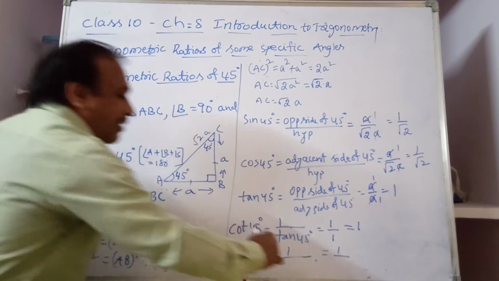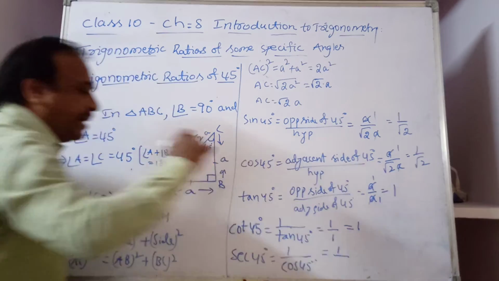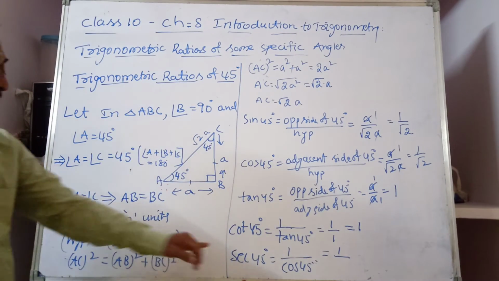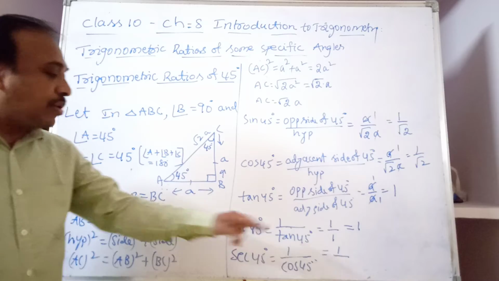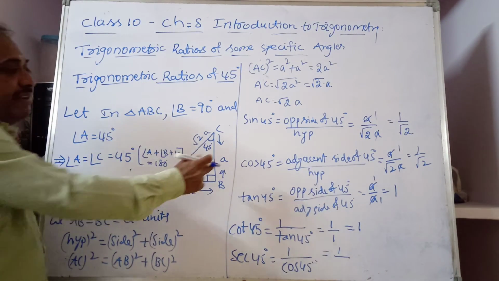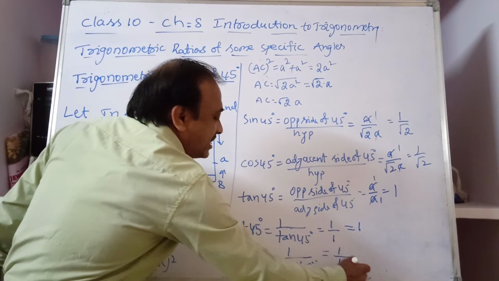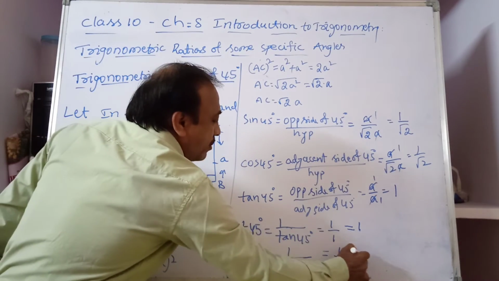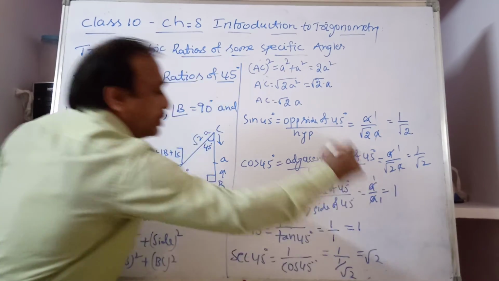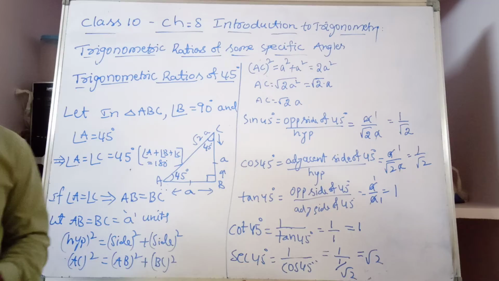Secant is the reciprocal of cos. So 1 by cos 45 degrees. 1 by cos 45 value we got as 1 by root 2. So 1 by root 2, then reciprocal, then it will be equals to root 2. This is secant 45 degrees.